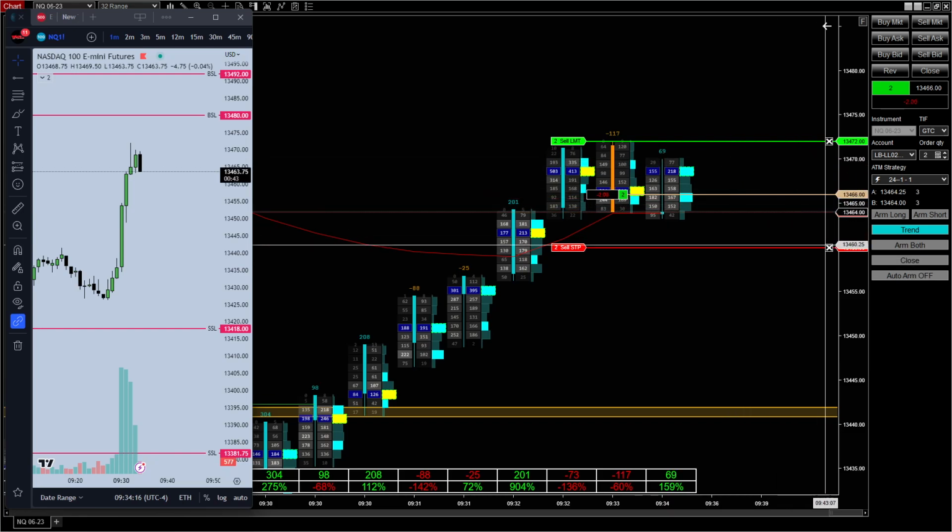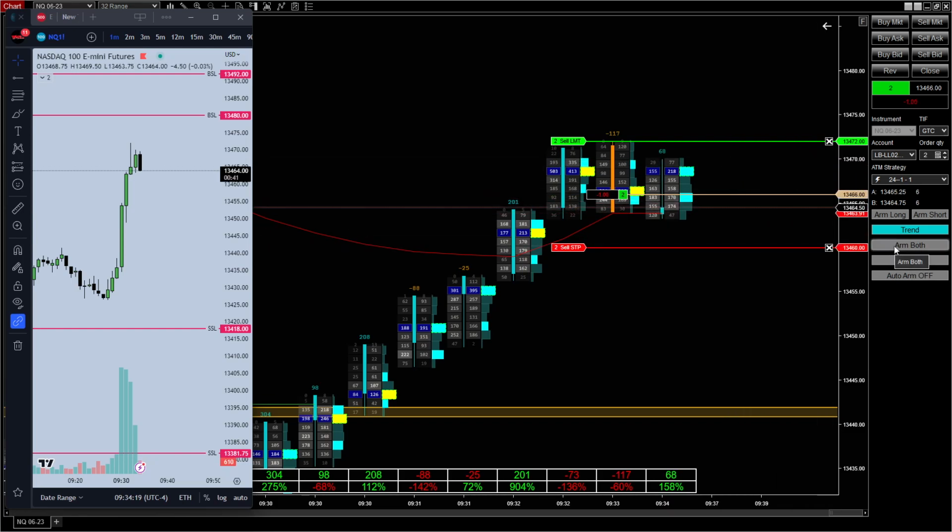Got close to the take profit there, but looks like we're moving down to the stop loss now. These points of control are basically the same spot, so it could be forming a sticky area.